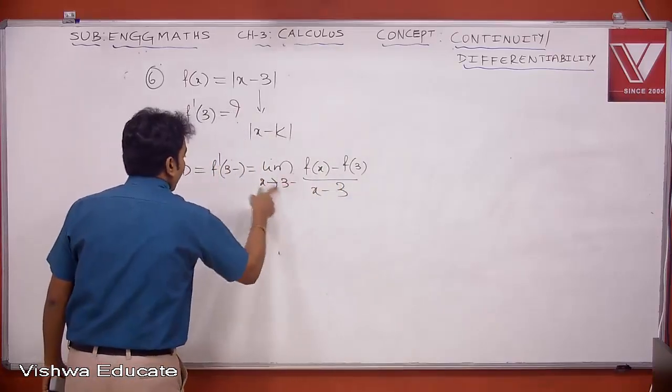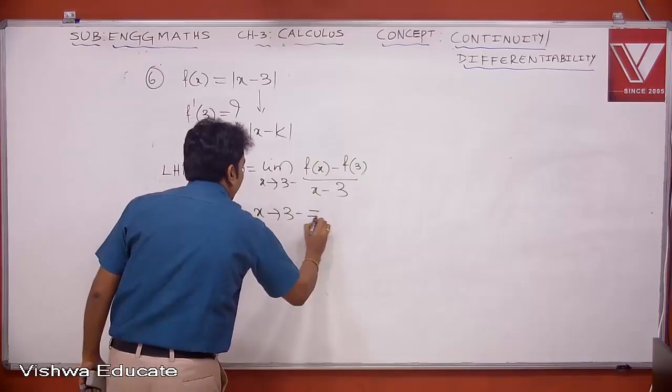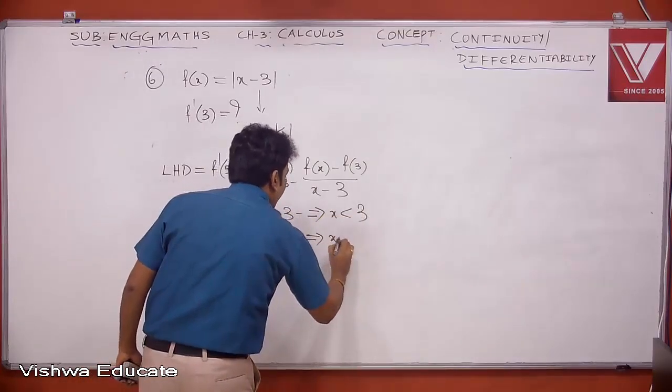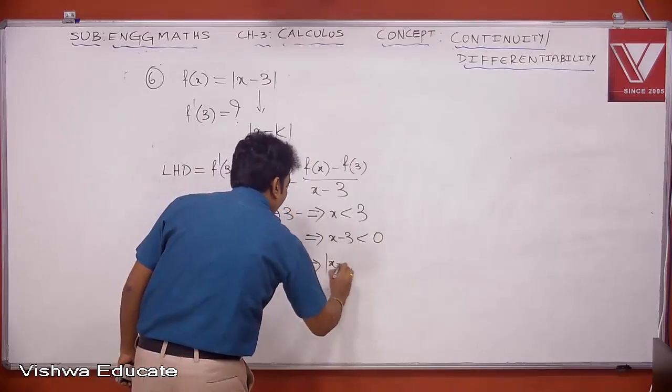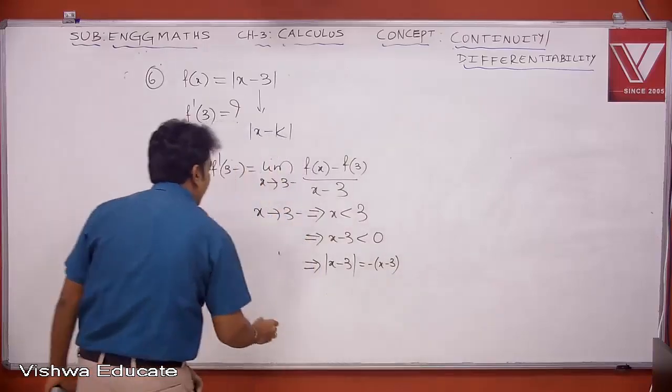This is the definition of LHD. Here x tends to 3 minus means x value is less than 3. This implies x minus 3 is negative. This implies modulus of x minus 3 is minus of x minus 3.